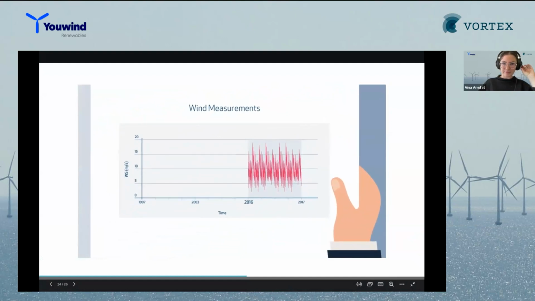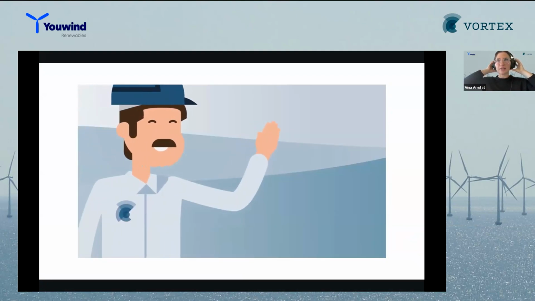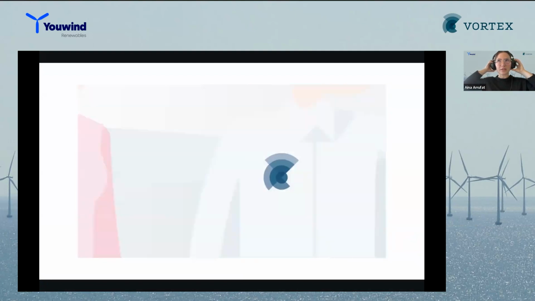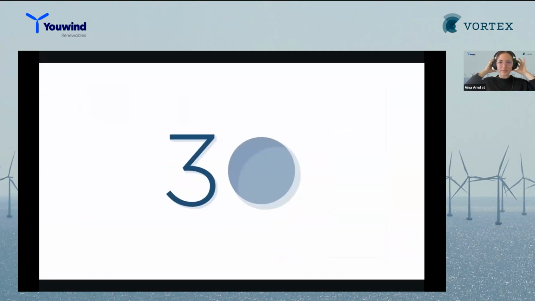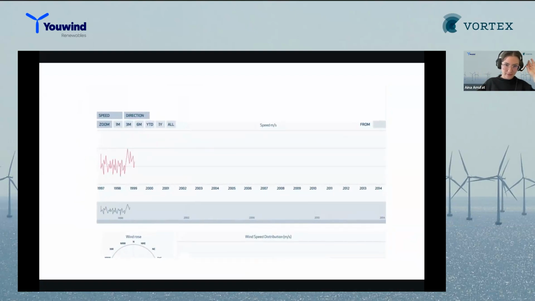Do you have 1 year of wind measurements but need a long-term view? Vortex offers up to 30 years of hourly time series of modeled wind data.